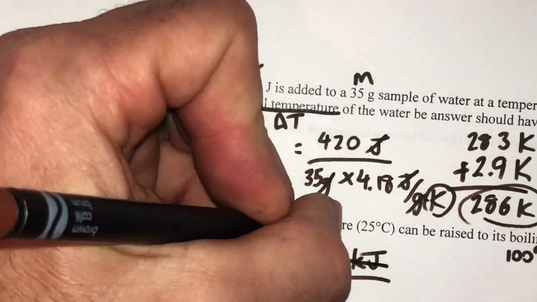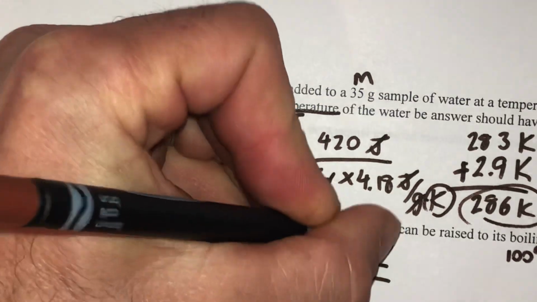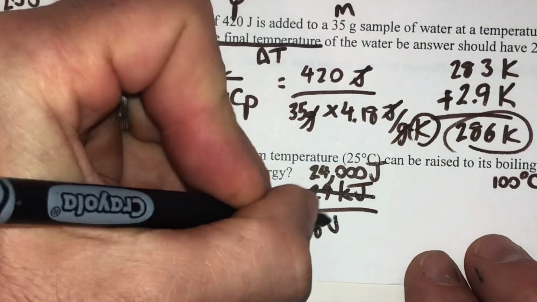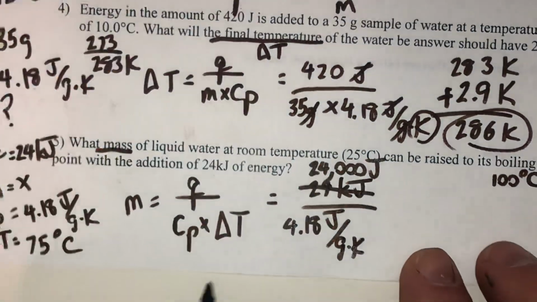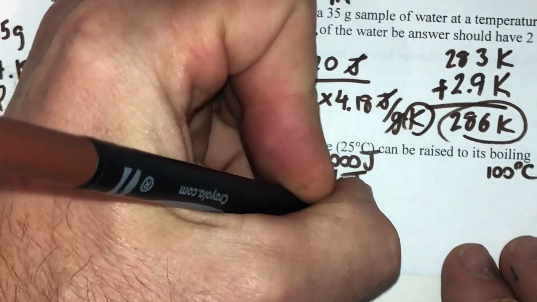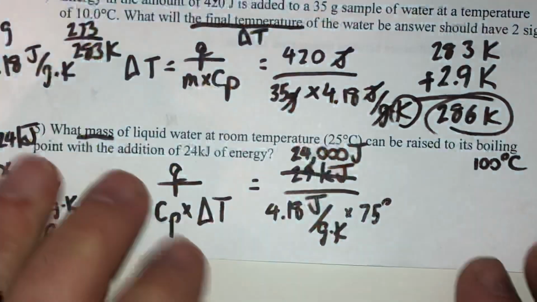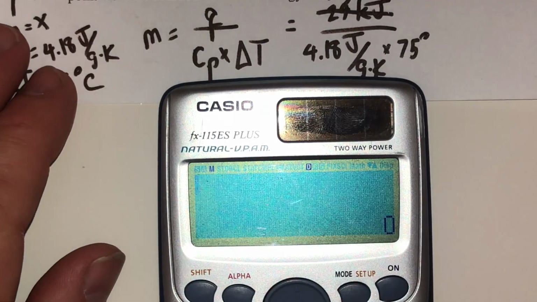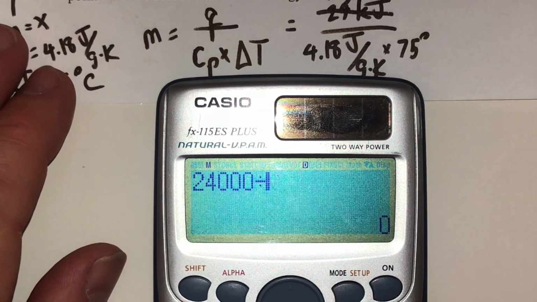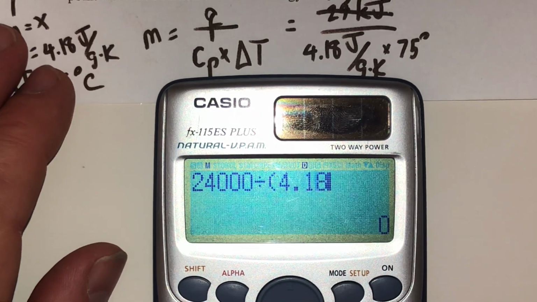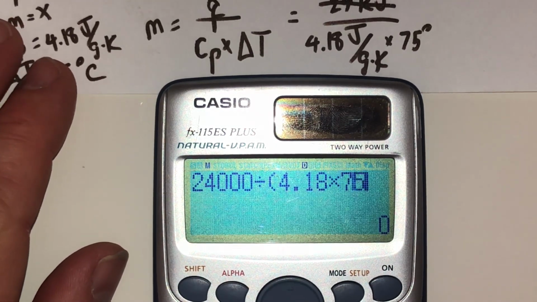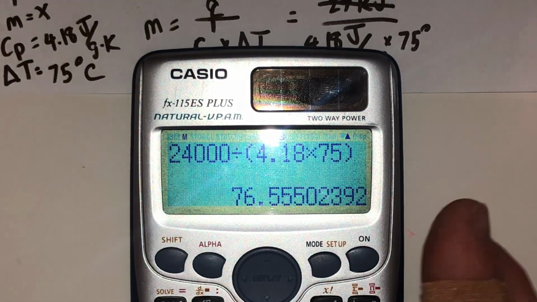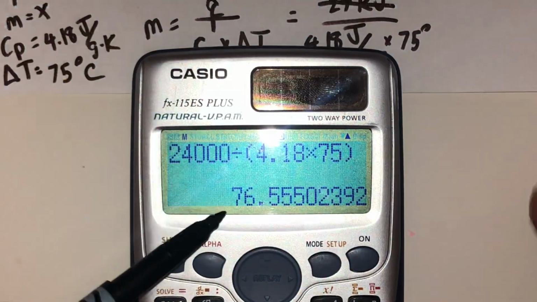Kilo is 1,000, so that'd be 24,000 joules over our specific heat, 4.18 joules per gram Kelvin, times our change in temperature, 75 degrees. Okay, let's calculate. 24,000 divided by 4.18 times 75. Okay, 76.6, or to 2 digits we have 77.